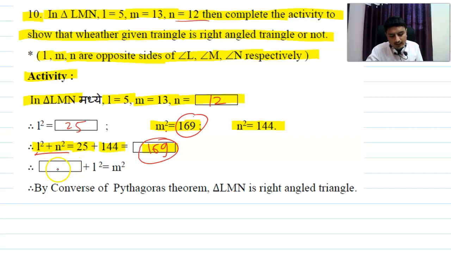Writing it as N square plus L square is the same as L square plus N square, because addition is always commutative. So L square plus N square equals M square. By the converse of Pythagoras theorem, triangle LMN is a right angle triangle, since it satisfies the Pythagoras theorem: the square sum of any two sides equals the square of the third side.